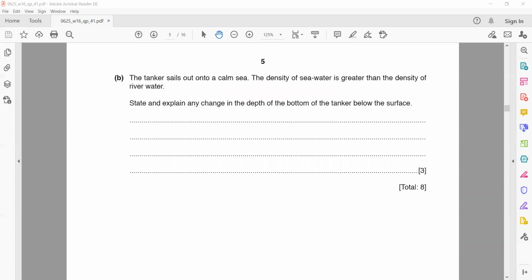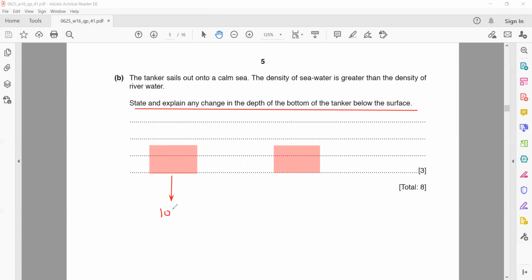So basically how can you relate this? The first thing, the weight of the tanker is acting down. For example, we have identical tankers, the same weight. Both are floating, so it means the upward force by the sea or the water should be more than or equal to the weight, so it will float.